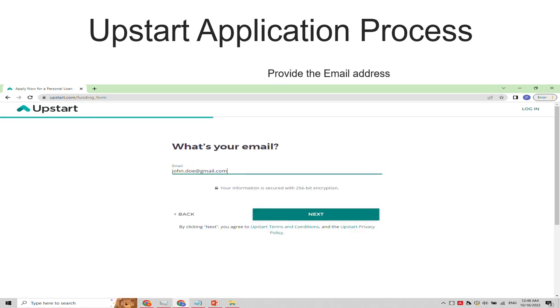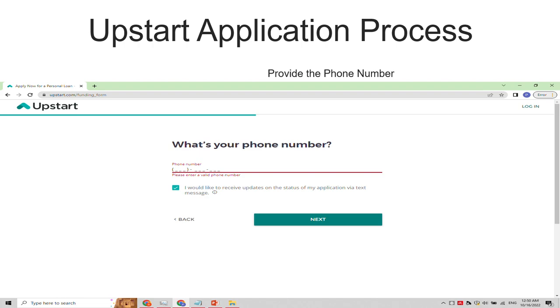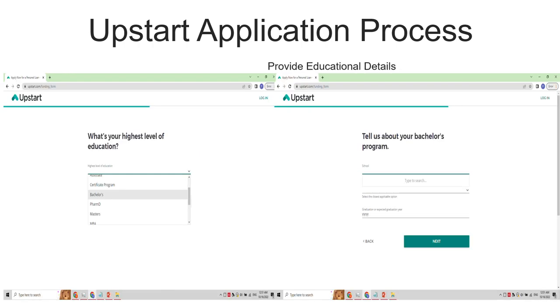Then we have to provide our email address, then the phone number, and then it also asks for the highest level of education, like bachelor's, master's, or an MBA.